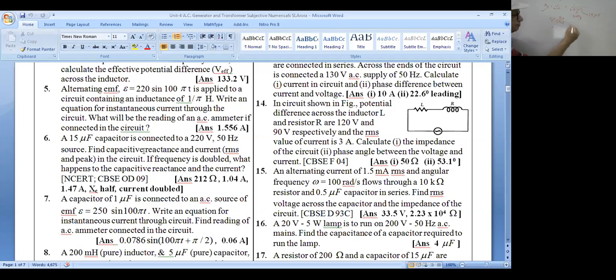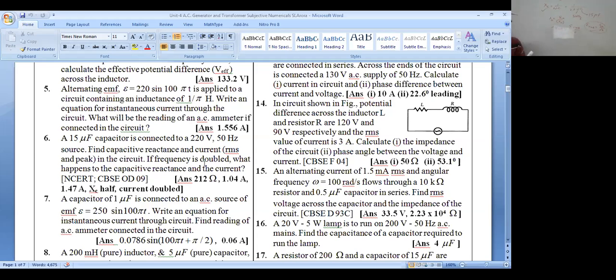By the relation between the RMS and the max value, you can find one from the other. If you find one, with this relation you can find the other, or you calculate again. No problem. So if you know the RMS value, you can find the max value also.